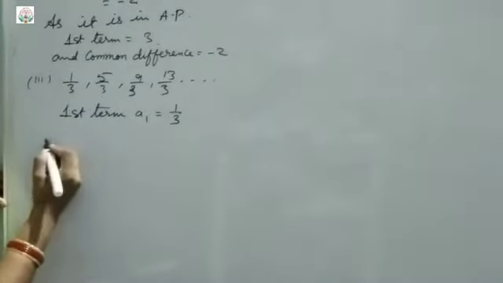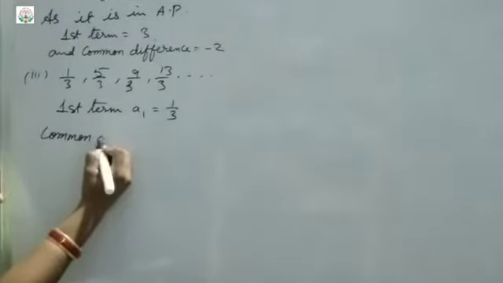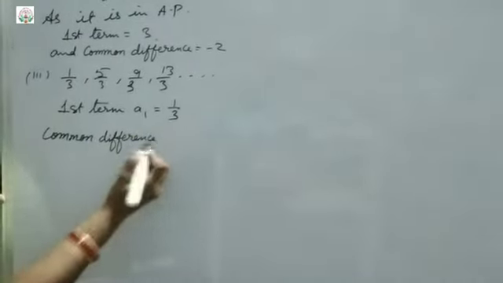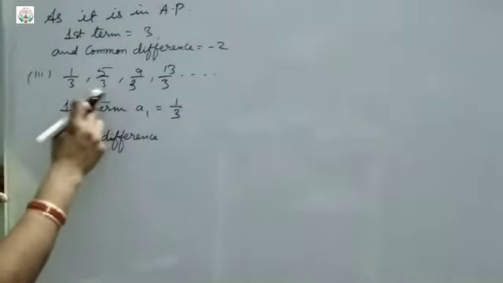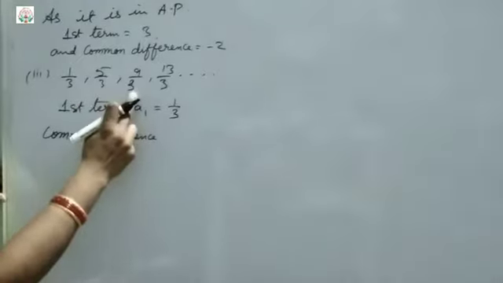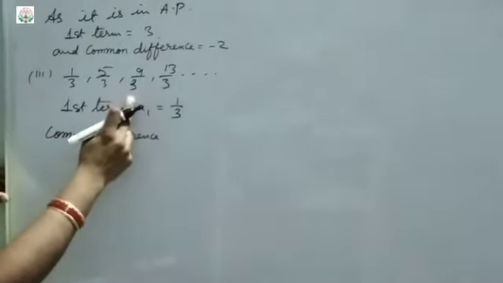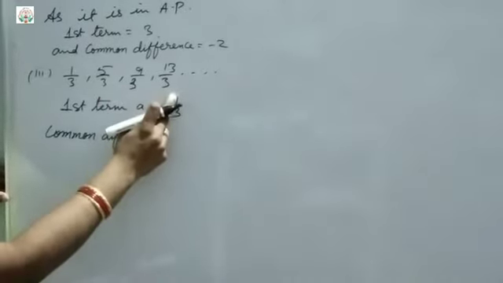Now the common difference, how will you find it? We know that the sequence is in AP, which means the difference between the first two terms will be the same as the third to the second or the fourth to the third, because everywhere the constant difference will be there.